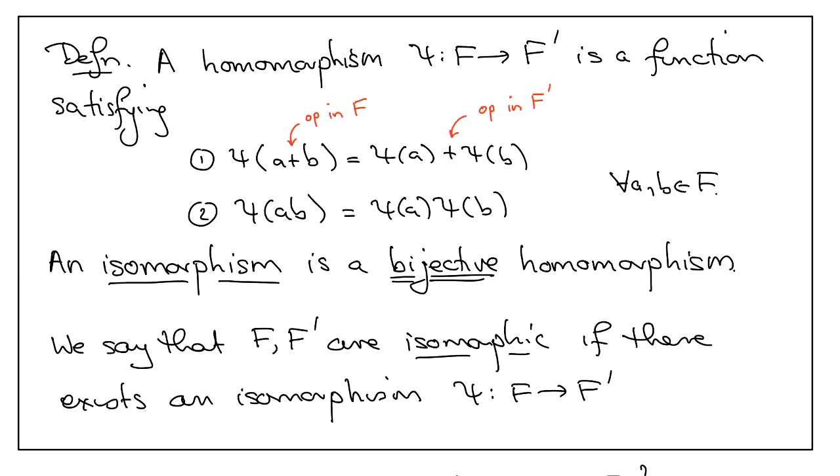So everything is seen, the image equals the codomain, and nothing is collapsed, being injective. Okay. And that's then called an isomorphism, and if there exists an isomorphism, we say the fields are isomorphic.